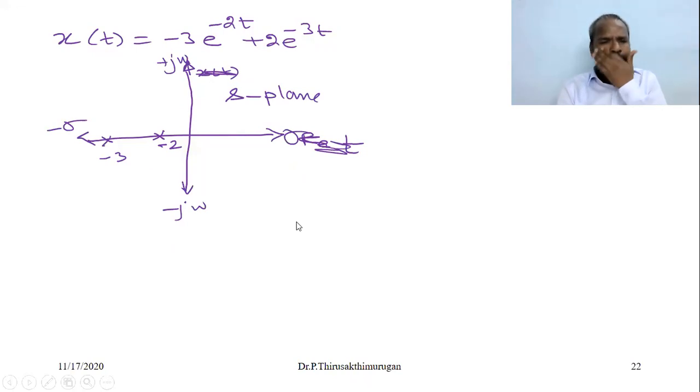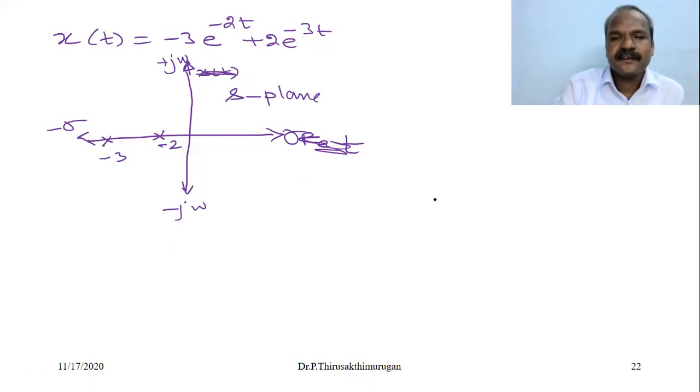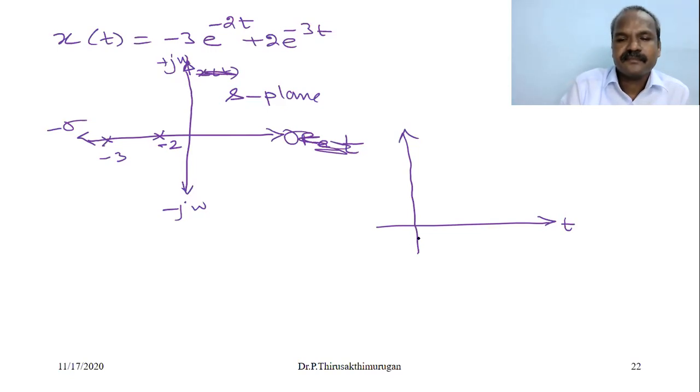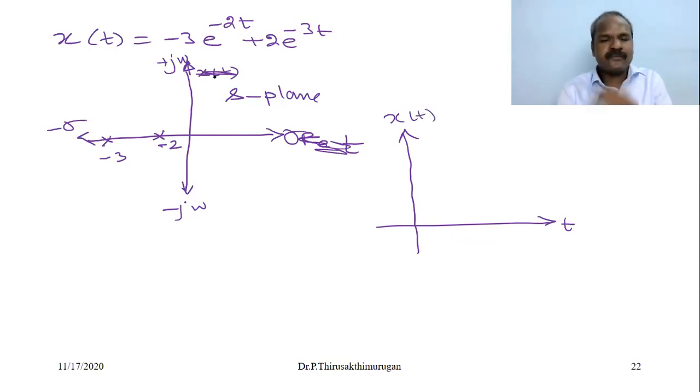For this pole location, the response of the system with respect to t is as follows. This is t, this is x of t. We found the solution for the equation described by the mechanical system.